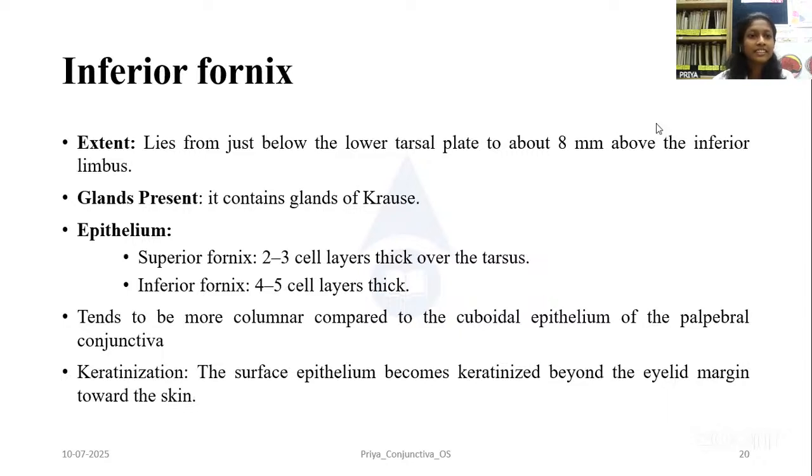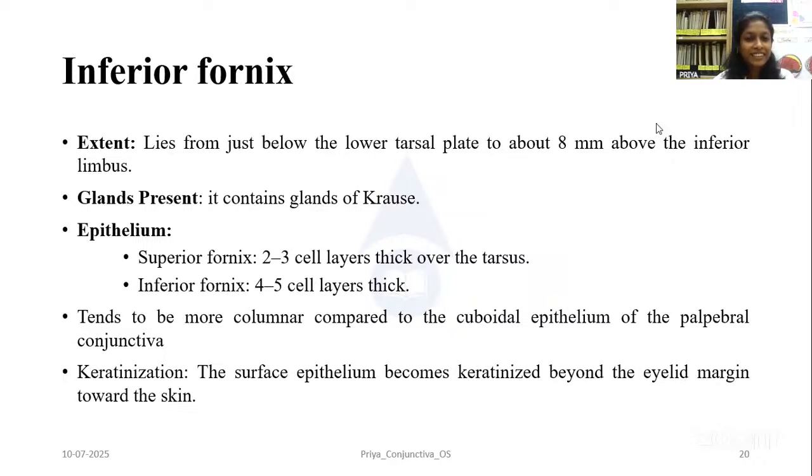Inferior fornix. Extends from just below the lower tarsal plate to about 8 mm below the inferior limbus. Glands present: it contains glands of Krause.